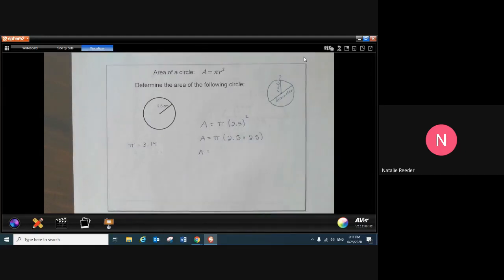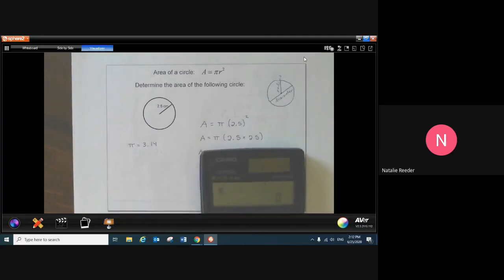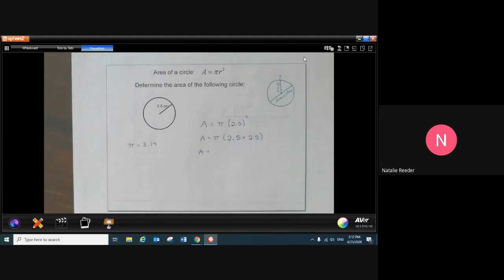To plug this into our calculator, we would find our pi times 2.5 times 2.5 equals 19.6. We round to one decimal place, and because the 3 is smaller than 5, we leave this as a 6. So we could write it as 19.6 centimeters squared. And that is the area of my circle.